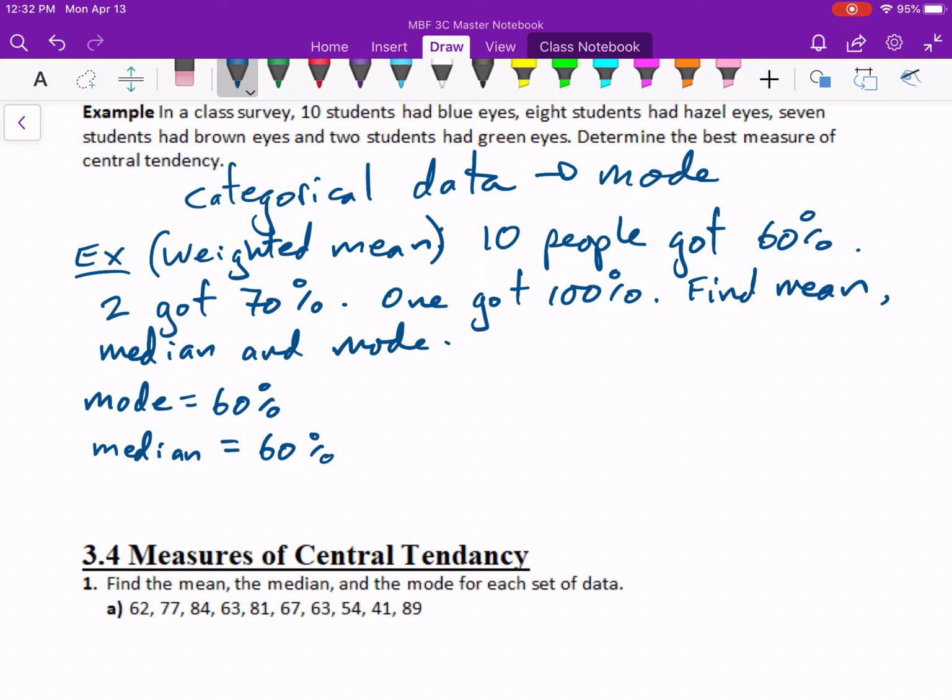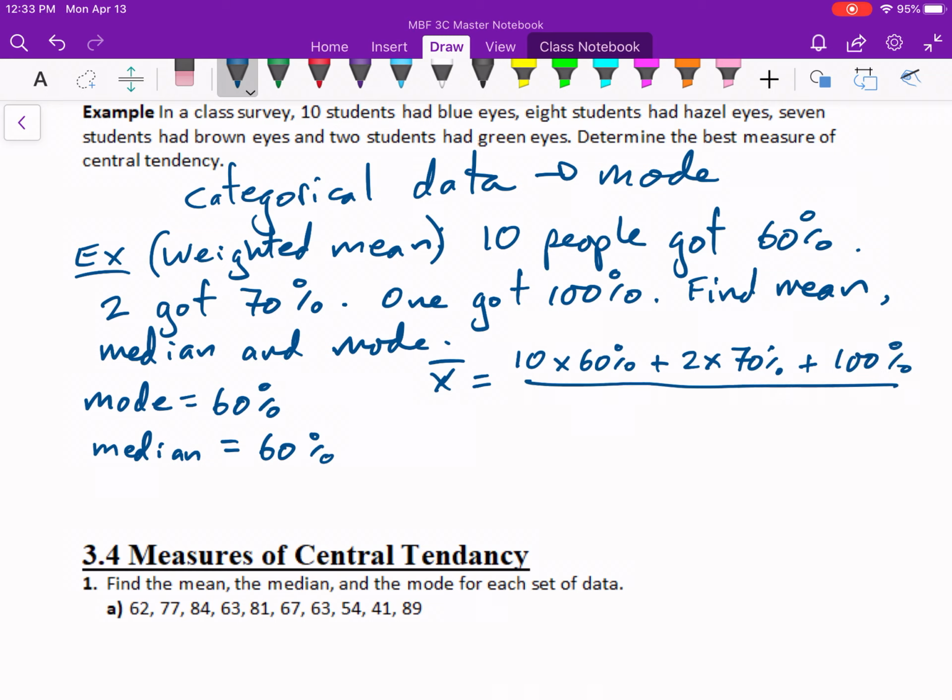The mean, though, again, remember I can represent that with a variable with a bar over it. I could do that as a weighted mean. So instead of writing out 60 plus 60 plus 60 10 times, I could do 10 times 60 plus 2 times 70 plus 100, or 1 times 100, but I don't need to write 1 times since it won't change things.